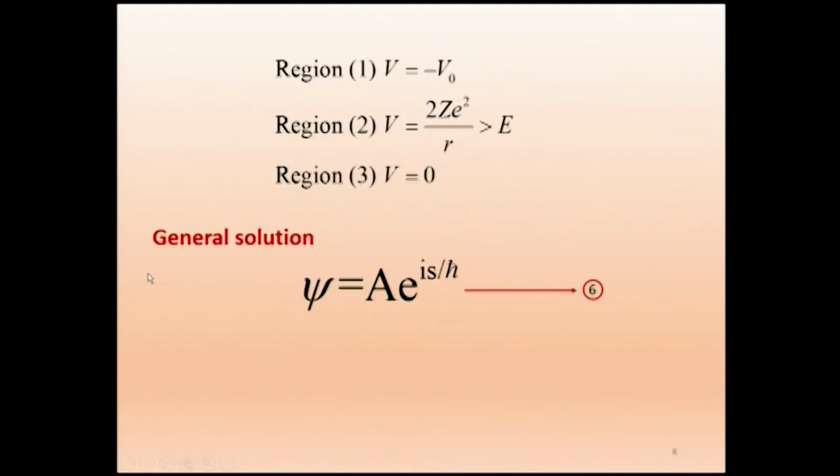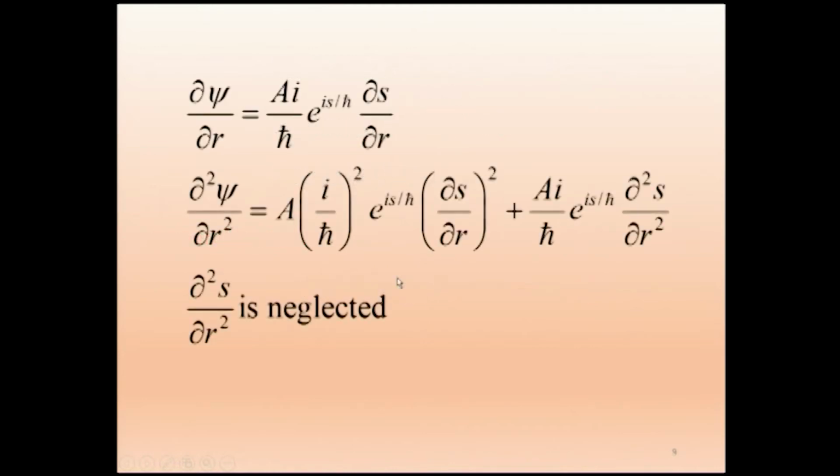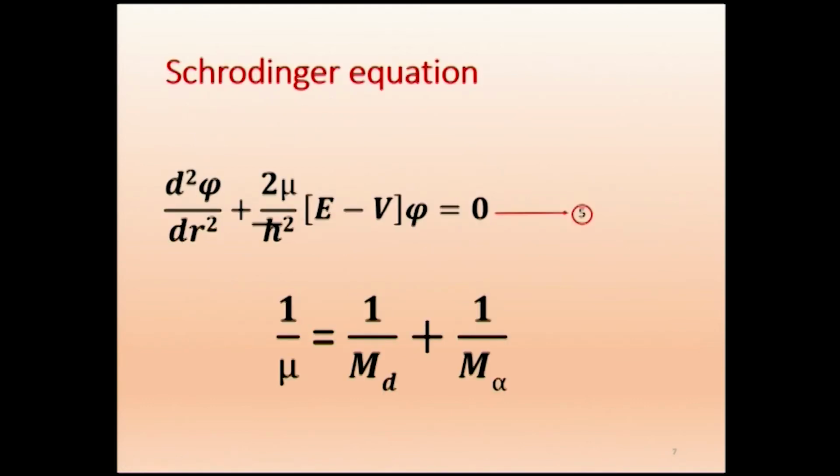Now, what is the general solution of the Schrodinger equation? Psi is equal to A e power i s by h cross. In quantum mechanics class you would have studied this general solution of the Schrodinger equation. We want to substitute in the Schrodinger equation, where we need d squared psi by dr squared.